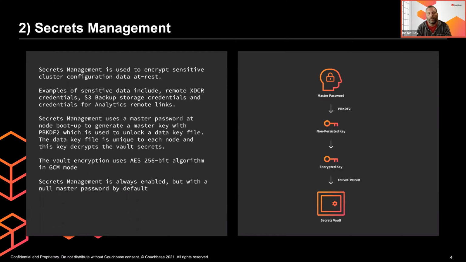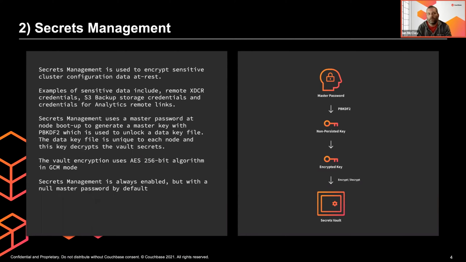And the vault that is encrypted uses industry standard high-grade encryption using the AES-256 algorithm in GCM mode. And how this works is an administrator puts in a master password, and then this uses a PBKDF2 to generate a key which never gets persisted to disk. Then that generates an encryption key, and that's used to encrypt and decrypt the secrets vault.